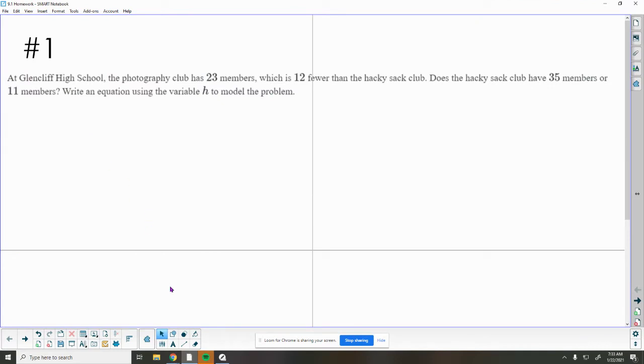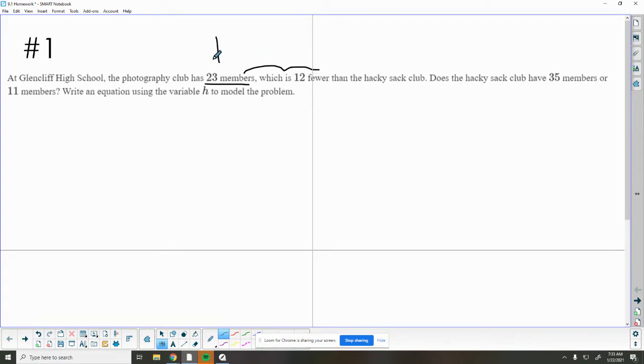So number 1 says that at Glen Cliff High School, the photography club has 23 members, which is 12 fewer than the Hacky Sack Club. So this photography club has 23 members, and this is 12 fewer.